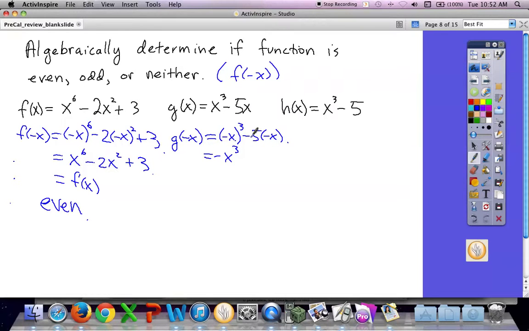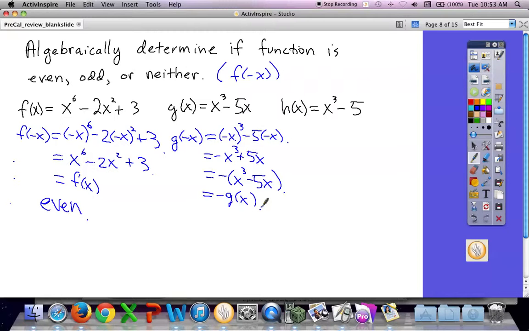And negative 5 times negative x is plus 5x. If I factor a negative from both of those, that's x to the 3rd minus 5x. And now notice, that's the opposite of the function we started with. So this is equal to negative g of x.